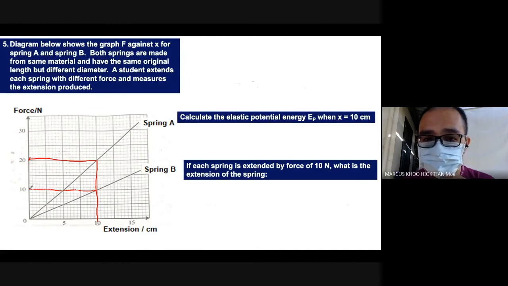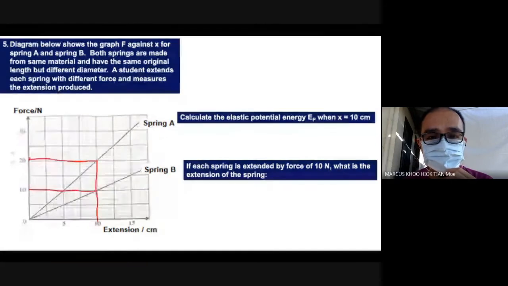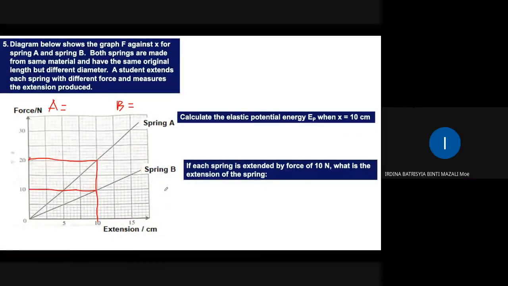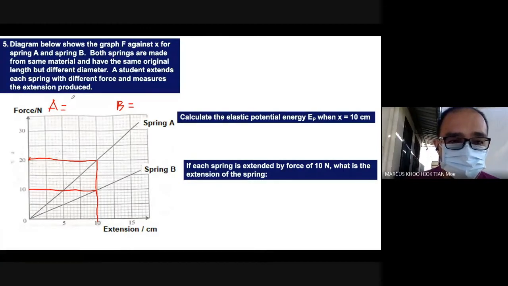I want you to calculate the elastic potential energy first. Let's do the first one. Everybody, please calculate now. 100 joule and 50 joule. 150? No, 100. Yeah, and another is 50. Okay, so B is 50 joules.